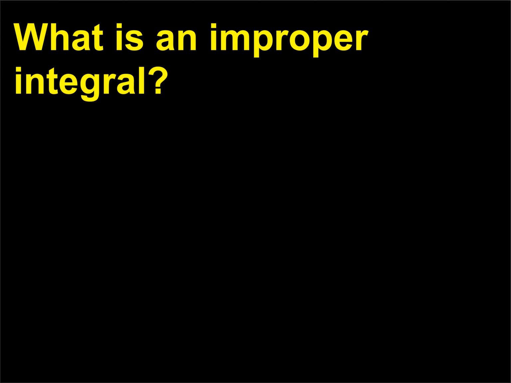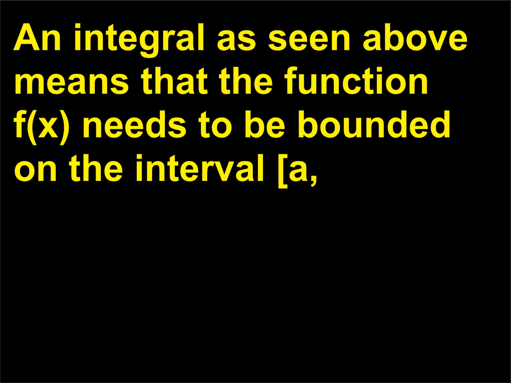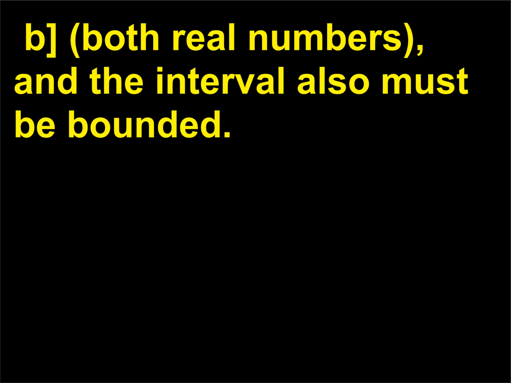What is an improper integral? An integral as seen above means that the function f(x) needs to be bounded on the interval [a, b], both real numbers, and the interval also must be bounded.